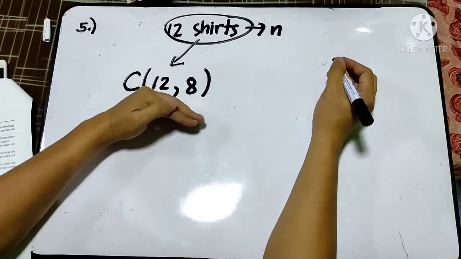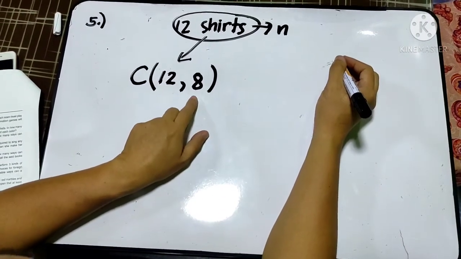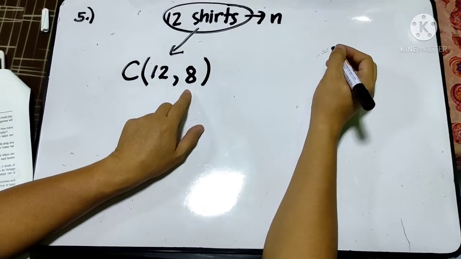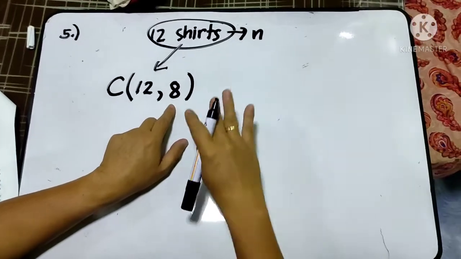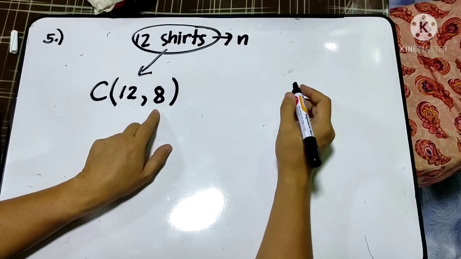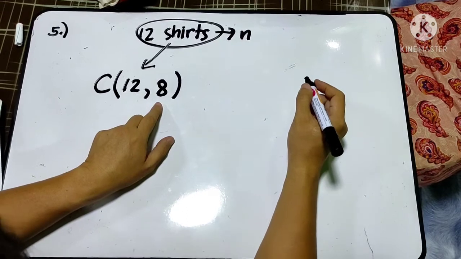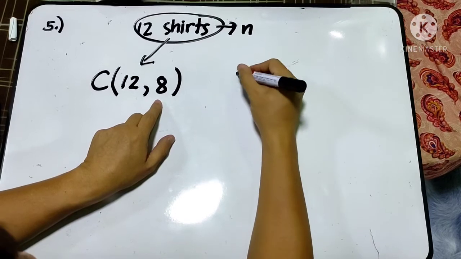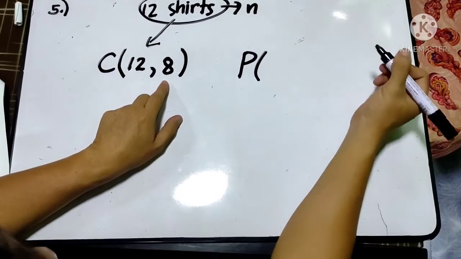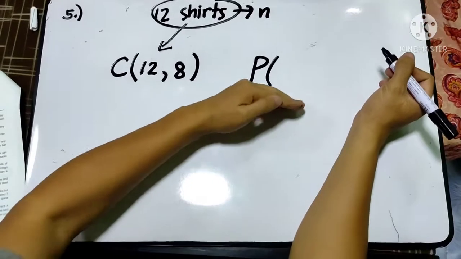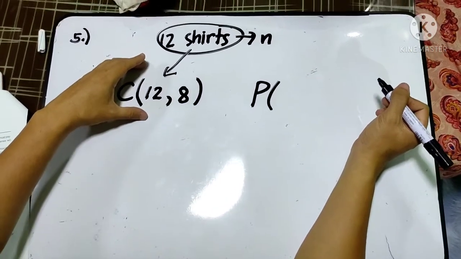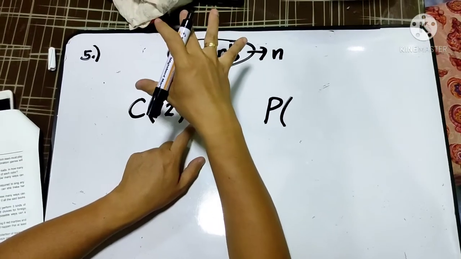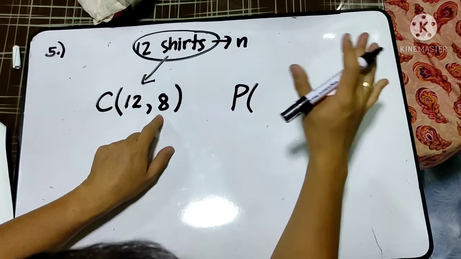Now from this, you can only place 5 of them in the cabinet. And arranging them in the cabinet denotes order. And that is permutation. So you will have permutation of what will be your n now. Your n will be based from here, meaning your n will be 8, because from the 8 you can only have 5 to arrange.